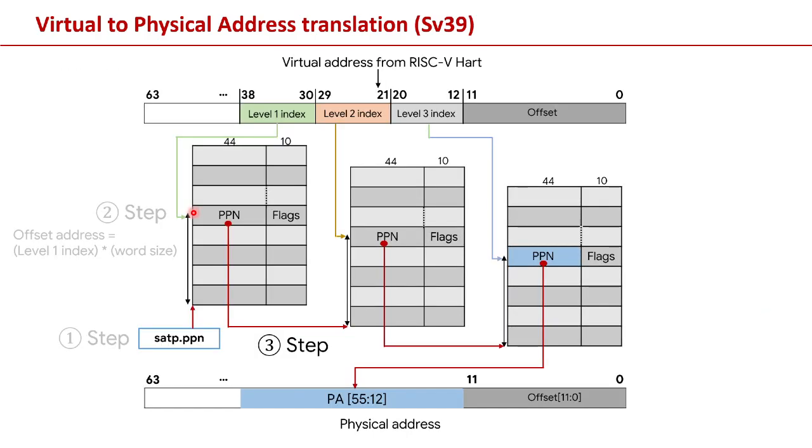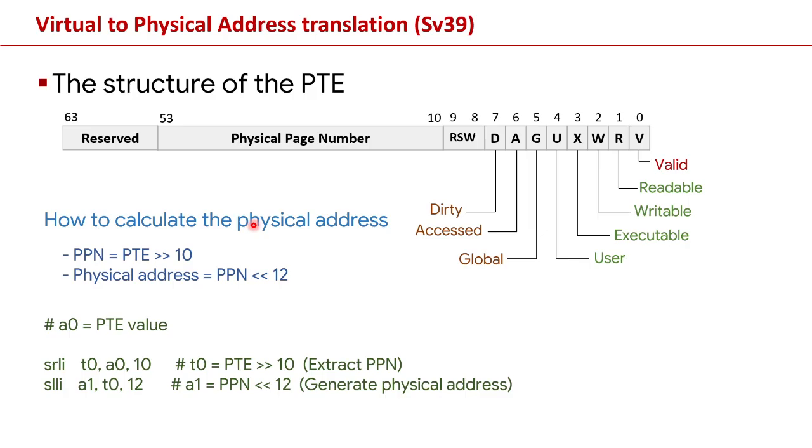Once we reach the page table entry, we can identify the physical address for the next level page table. This job can be done using several bit shift operations. Let's break down this operation in more detail. Here is the layout of the page table entry.